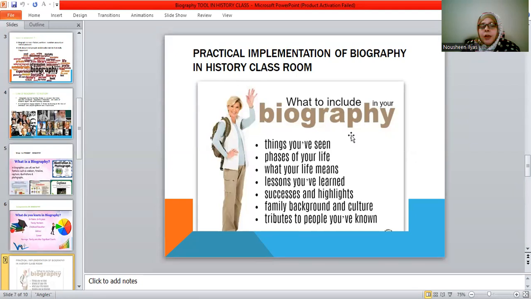Choose a topic, write these points on the board to assure them that these bullets are important for writing a biography, and their assignment must include all these points.